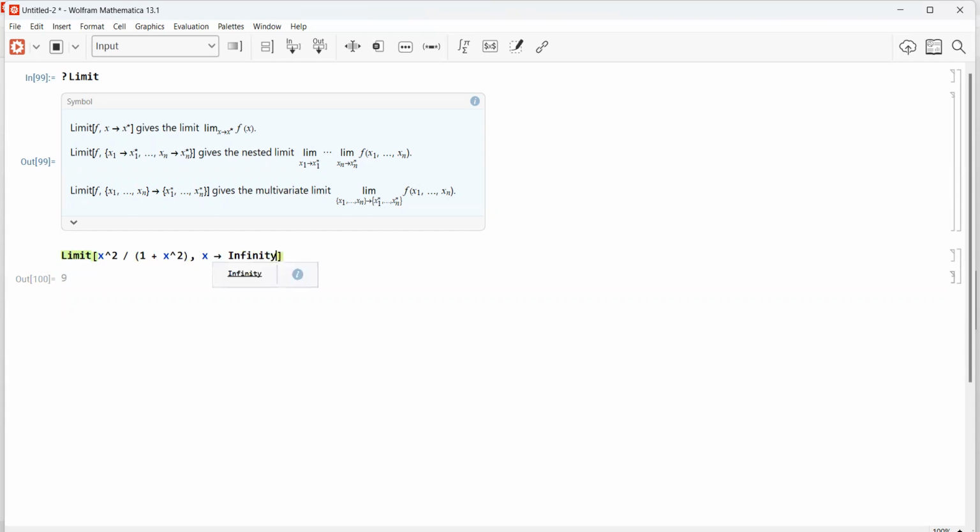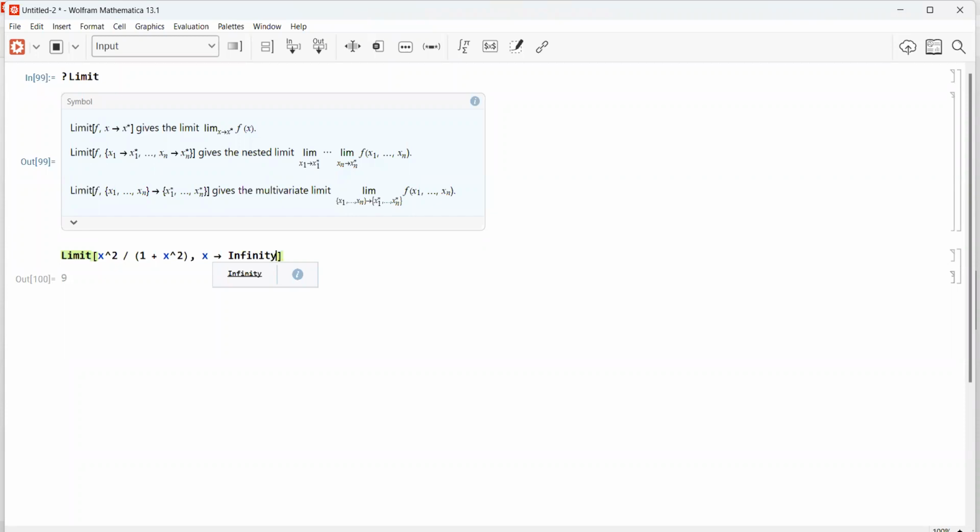What should that go to? X squared over 1 plus x squared. Yes. Why 0? We have x squared over 1 plus x squared. So if x equals 100, you get 100 squared over 1 plus 100 squared.